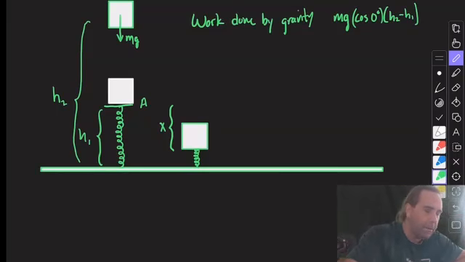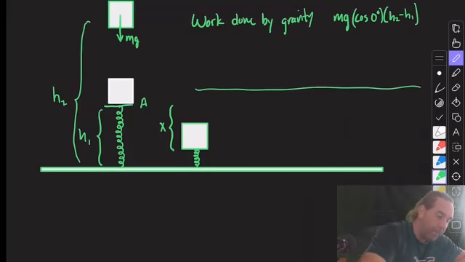Now, I know what you're probably all thinking about doing, but I'd really like you to consider this from the standpoint of work and energy and not conservation of energy. Meaning, the box travels a distance until it comes to rest against the spring, which tells me that the change in kinetic energy is 0.